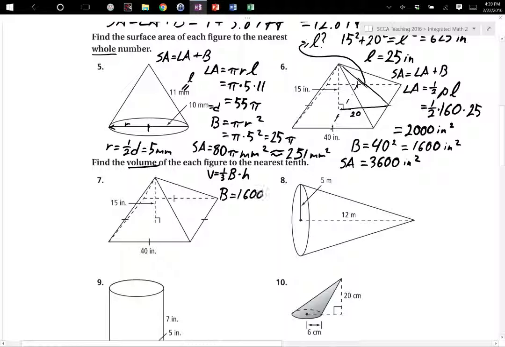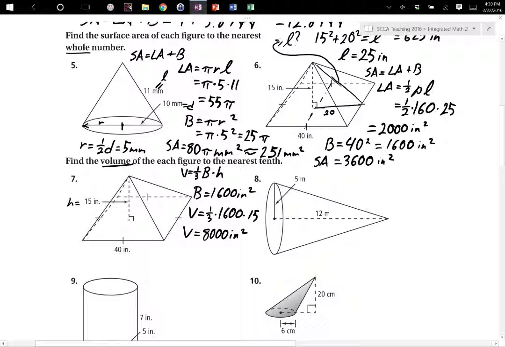It's 1,600 inches squared. My height, here's my h. So my volume is 1/3 times 1,600 times 15. Plugging that into a calculator, I get 8,000 inches squared.